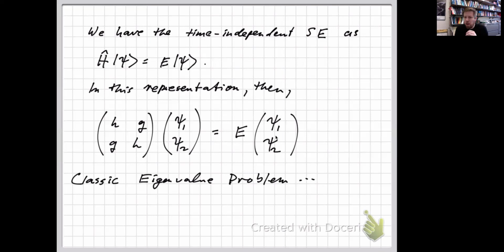This is what you start out with in linear algebra when you get to eigenvectors and eigenvalues.